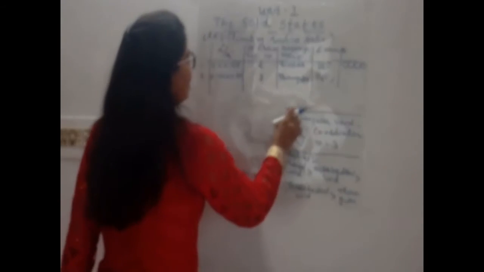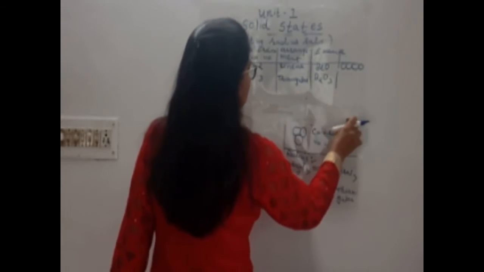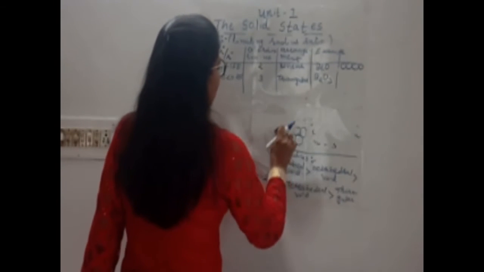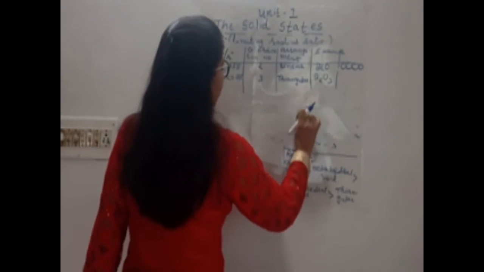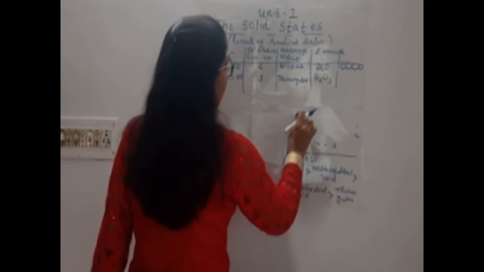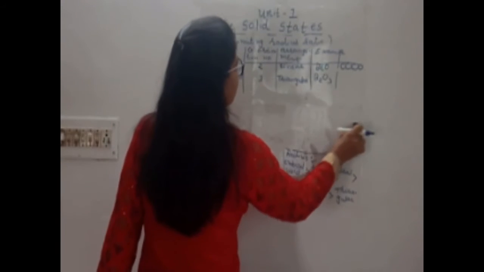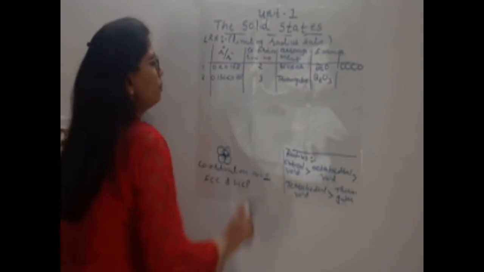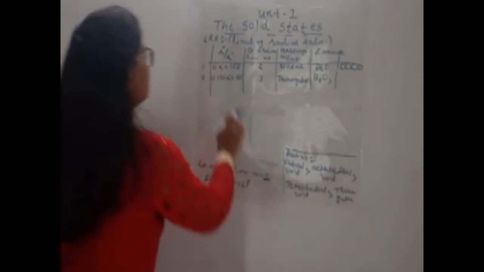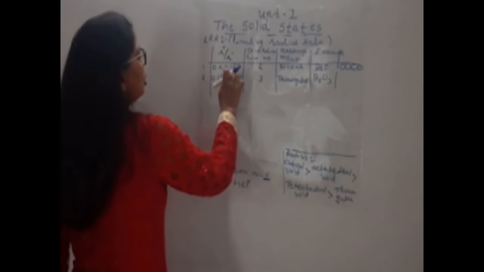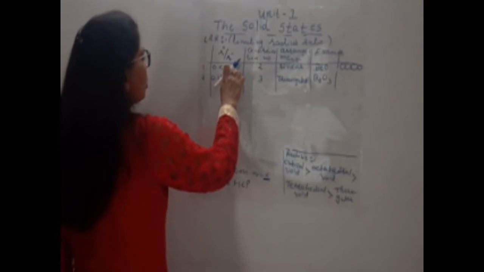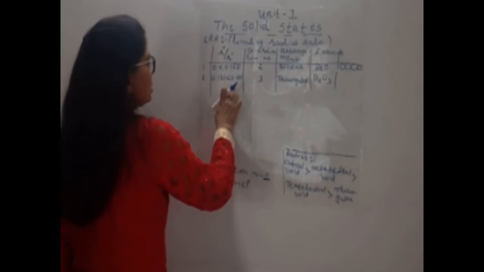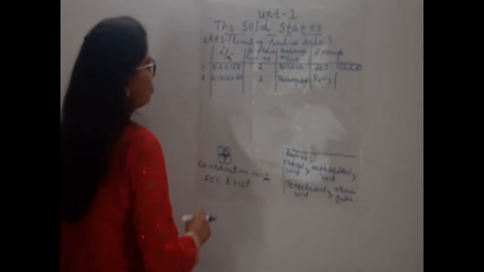Now the next is, here we have to write the range, lower limit and upper limit. For serial numbers 1 and 2, or 2 and 3, coordination number, I mentioned that it does not exceed 0.155 and here it is not more than 0.255.